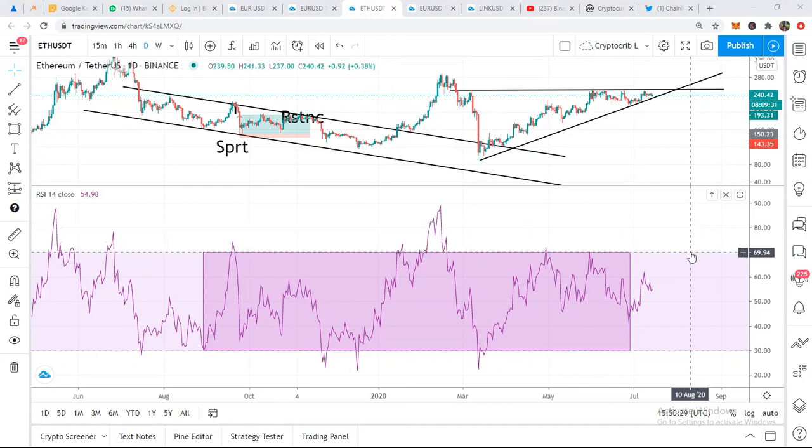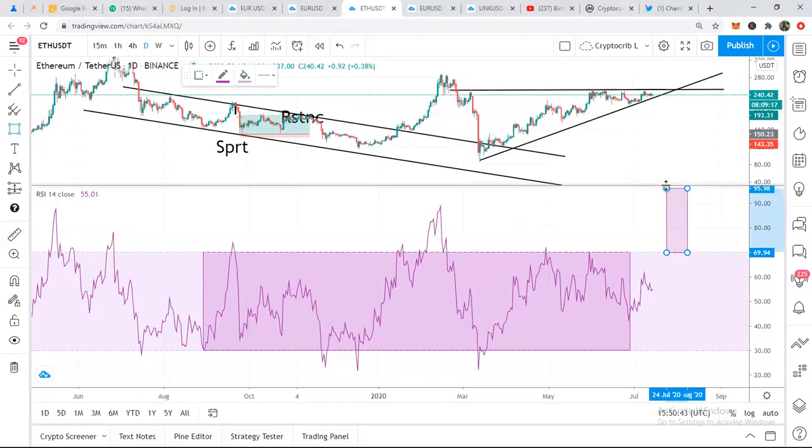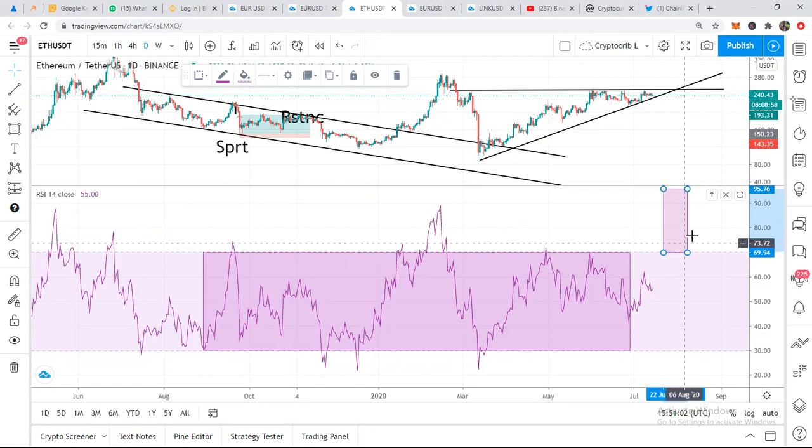Above this 70 mark, from this point upward to mark 100, it means this particular financial instrument, which is Ethereum, has been overbought. That means people have bought Ethereum too much. At this point, it's not good to buy as a trader. Don't buy Ethereum at this point.